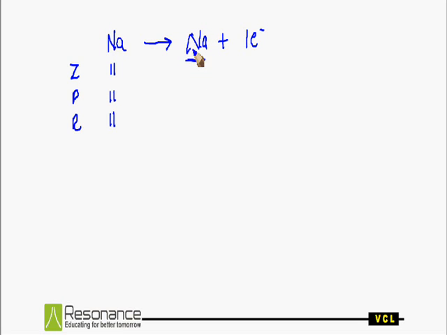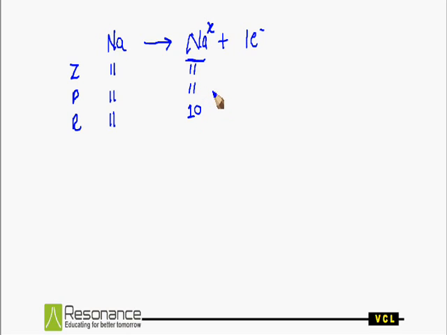In this case, suppose the charge of Na is X. Now Z will also be 11 for this cation, or sodium ion, as the number of protons is equal to the atomic number, so we can write the number of protons as 11, but the number of electrons will be 10 because we have removed one electron from sodium.